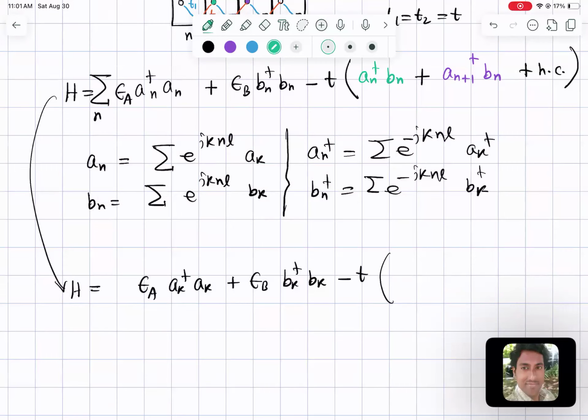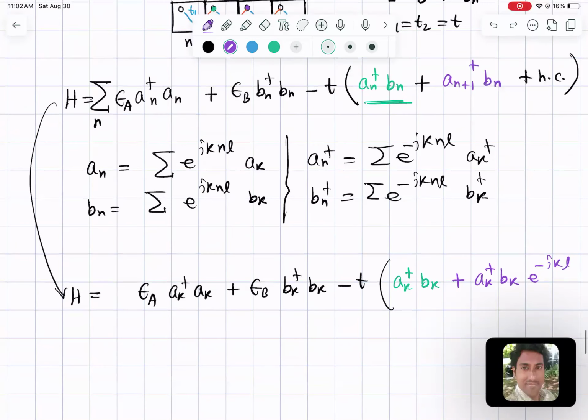So for the first term, we just have A_k dagger B_k. But for the second term, we have n plus 1 in the dagger, meaning we'd have plus A_k dagger B_k, but because of that n plus 1, we would have e to the power minus i k l. It comes from this term, just like the previous example.